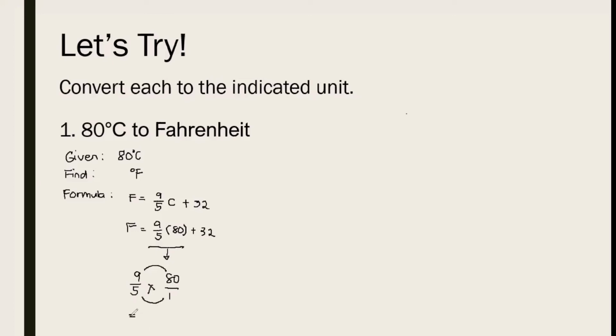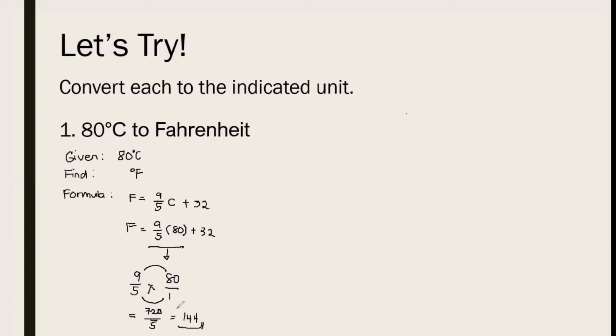So this will result in, 9 times 80 is 720 and 5 times 1 is equal to 5. 720 over 5 can still be simplified. We can divide 720 by 5, and this will result in 144.